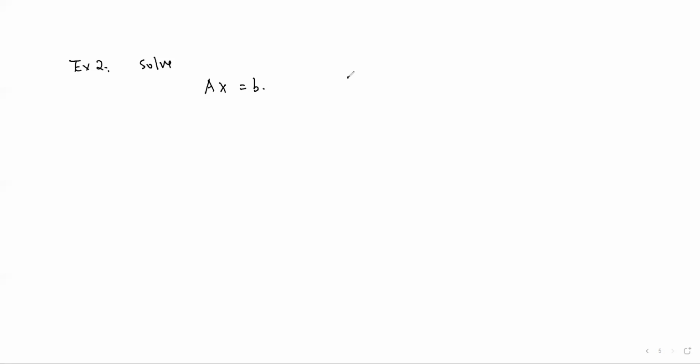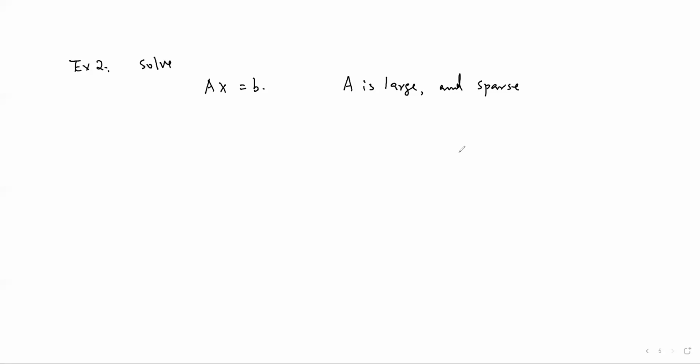A is usually large, very large, super large, and sparse. What does sparse mean? Most of the entries of the matrix A are zeros. For a sparse matrix, the storage is small. Why? Because we don't need to store 0 entries.